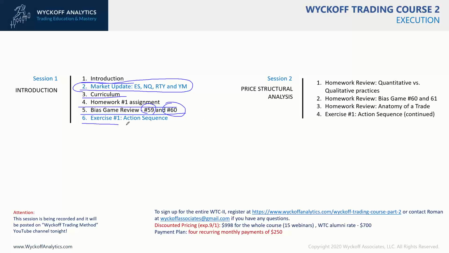And then we'll go into our first exercise, which is going to be an action sequence exercise on price volume. In session number 2, we're just continuing our work, and this is going to be consistent. So the bias games are going to be consistent, so each week we're going to go through those. We're also going to be having our anatomy of the trade segment, where the whole class is going to trade some instrument.